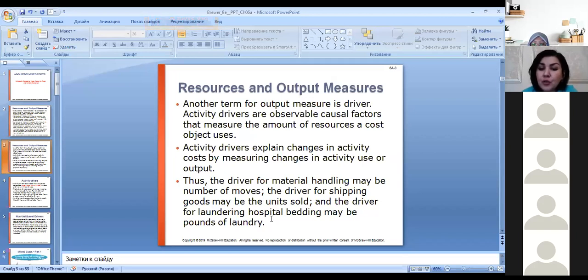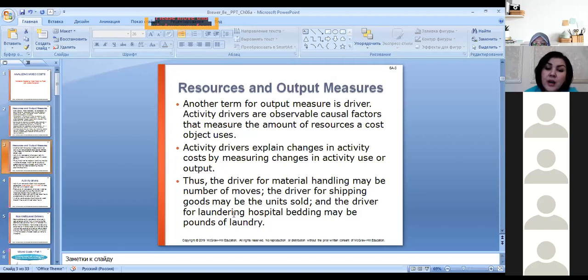And the driver for laundering hospital bedding, maybe pounds of laundry. When we want to wash bedding, we take all the bedding and go to the laundry to wash it, right? And this also incurs laundering costs.